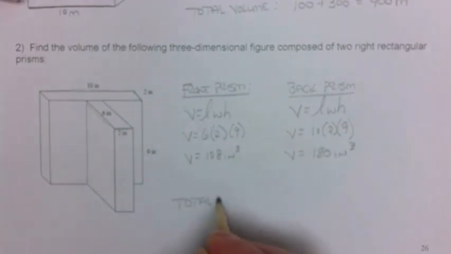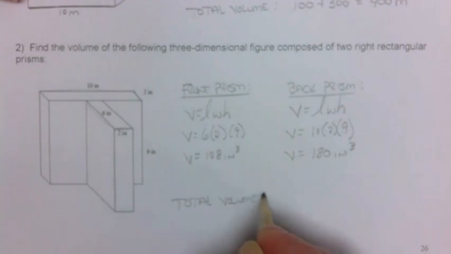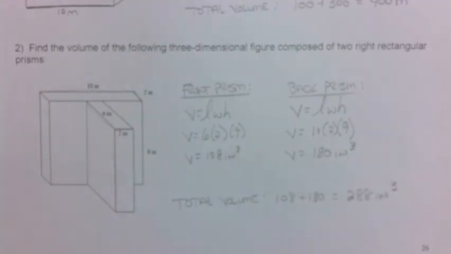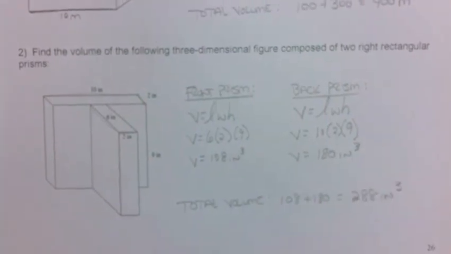And once again, to get the total volume this time, we will add 108 with 180, which gives us 288 inches cubed for the total volume.